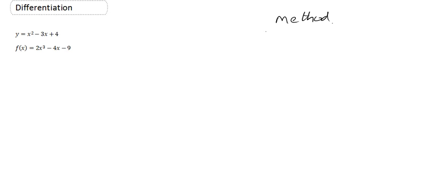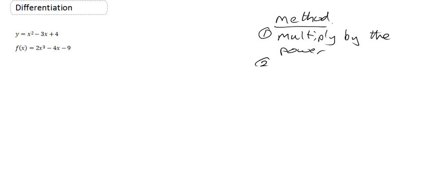And my method is such: I multiply by the power, I subtract 1 from the power. So that's all good, nice and easy.